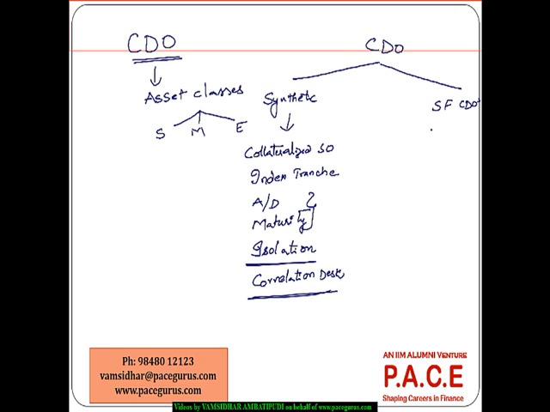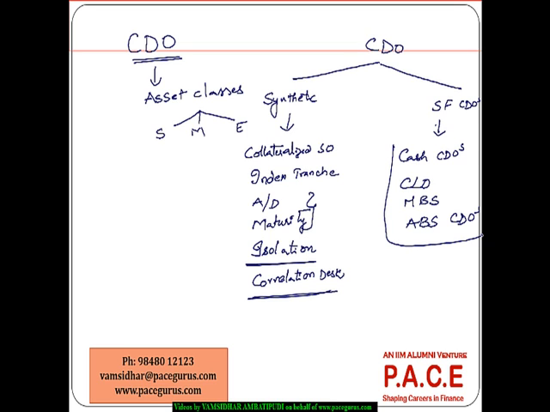But when I come to the structured financing securities, here there could be different kinds of securitization structures. There could be some cash CDOs, there could be collateralized loan obligations, there could be mortgage-backed securities, and there could be different kinds of CDOs based on asset-backed securities.